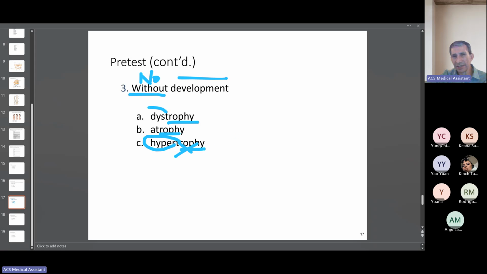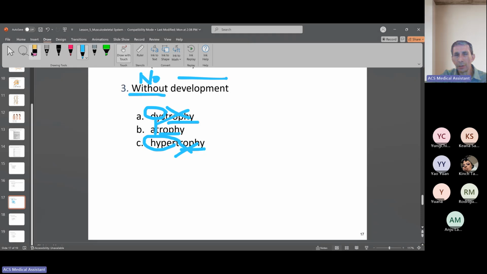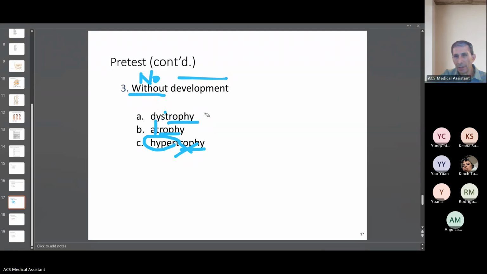Here it says this. They have an abnormal development. This is not. A means no, without. So atrophy will be the correct answer because A means no or without.